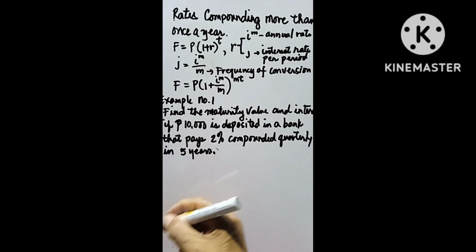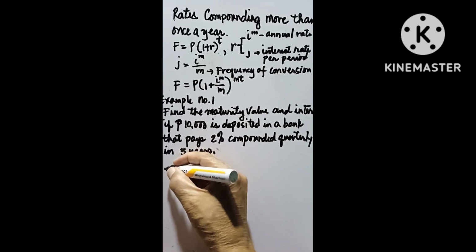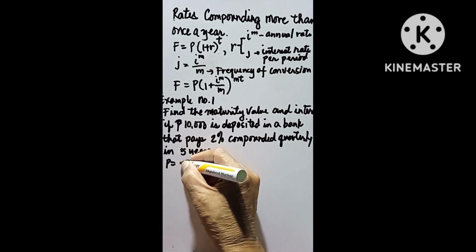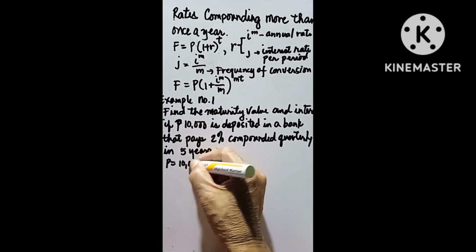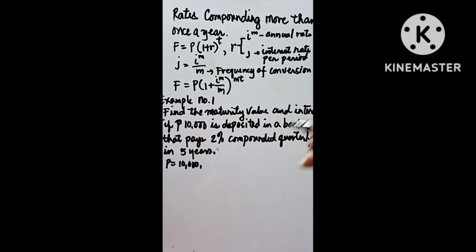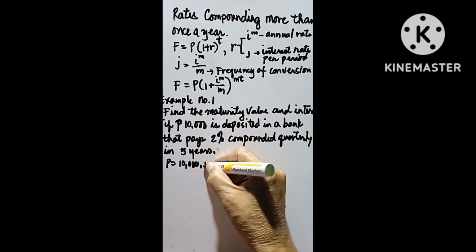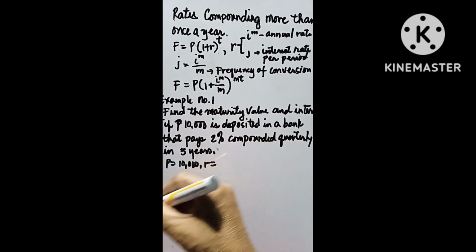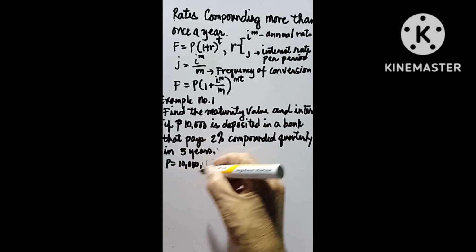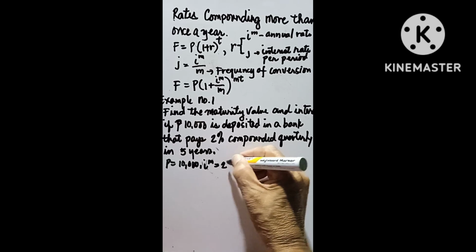first, lay out the given. We have P is equal to 10,000. Our R is, or I(M), the nominal rate. No more R now. So I(M) is equal to 2%.